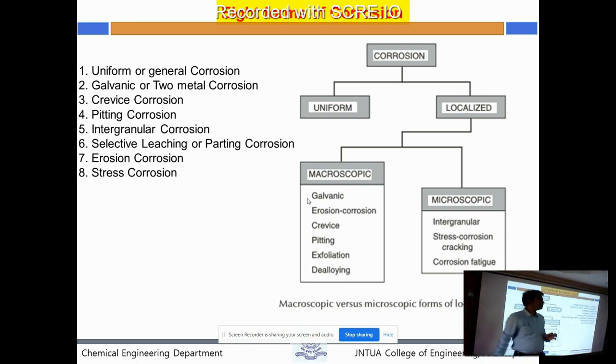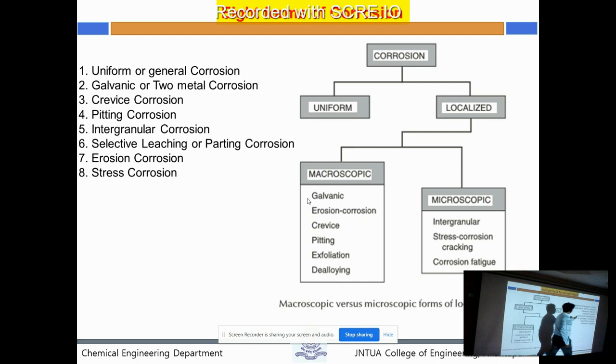So let's come to the most important classification of corrosion. Though there are different classifications, the one Fontana always writes or discusses is the eight forms of corrosion.